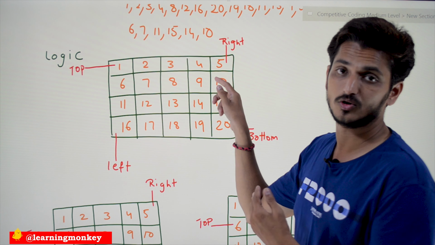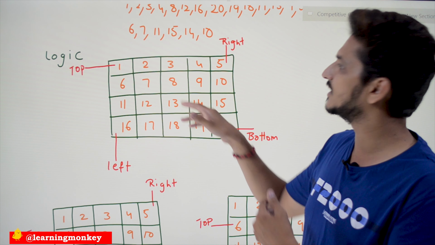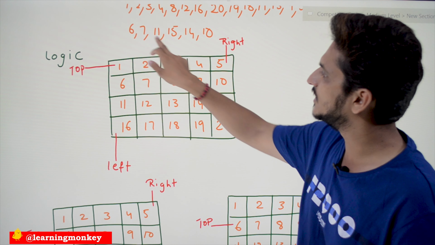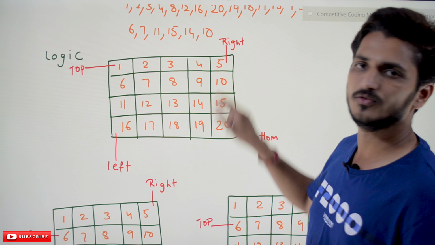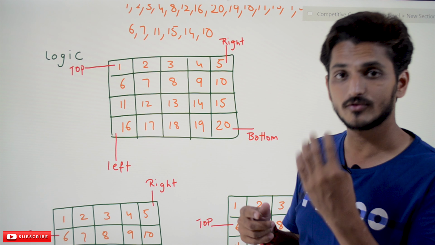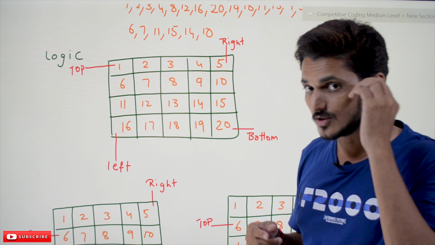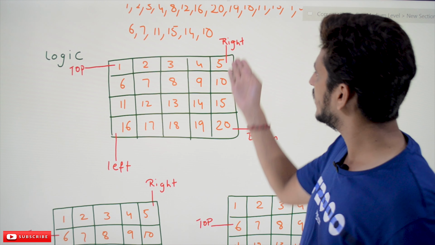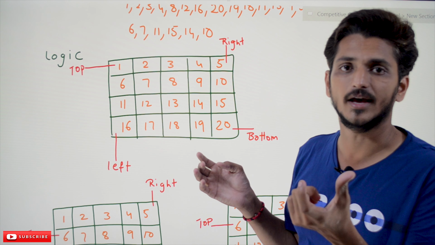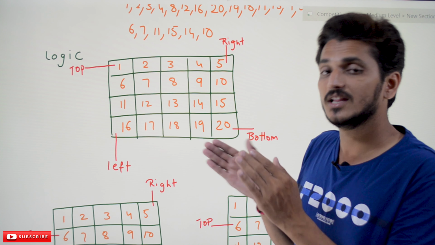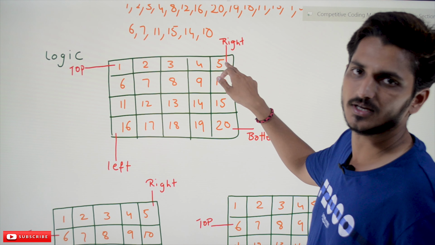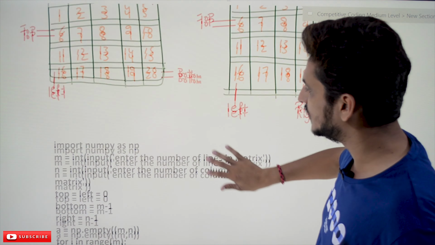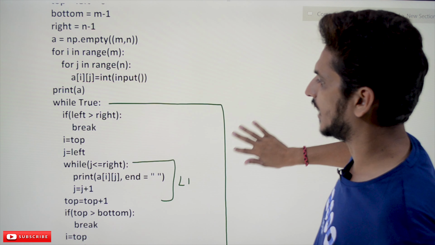How long do you have to go to display? j is equal to 0, j is equal to 1, j is equal to 2, j is equal to 3, j is equal to 4. The value 4 is noted in the variable called right. When j is less than or equal to right, continue; otherwise stop. Up to then display this. That is how we are going to display the top line.